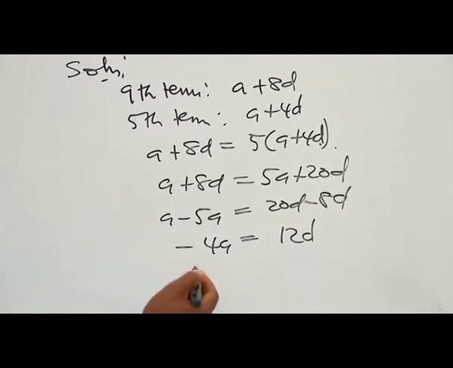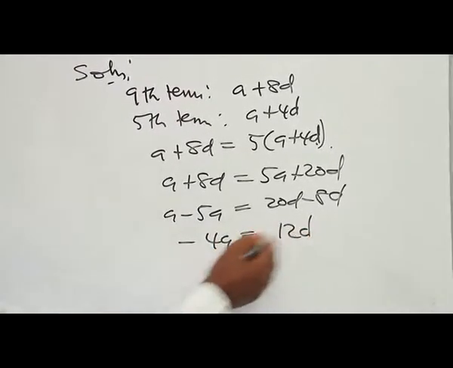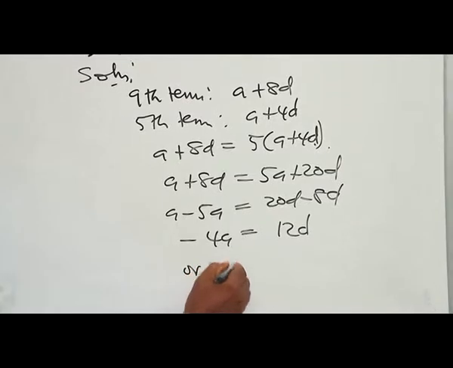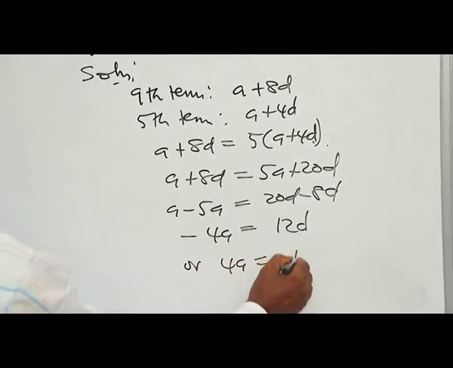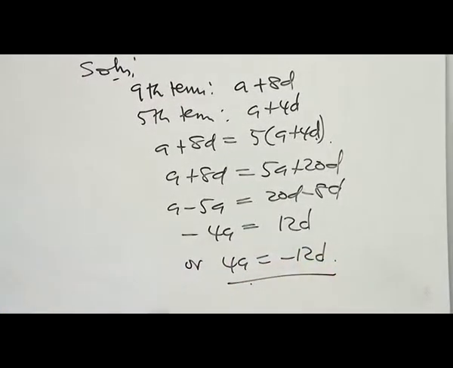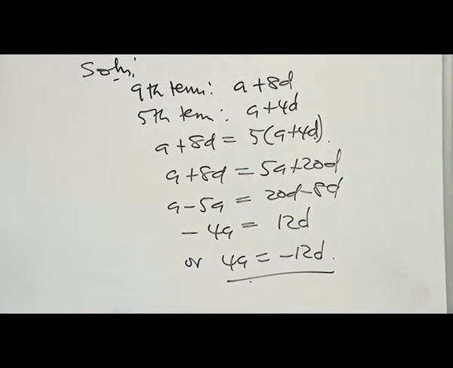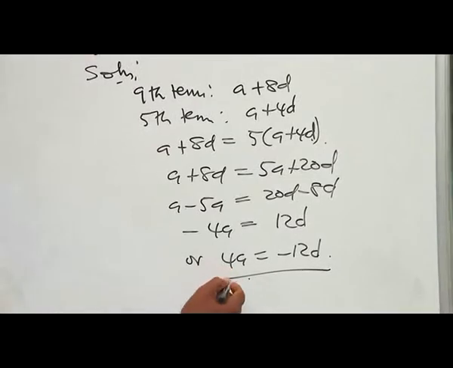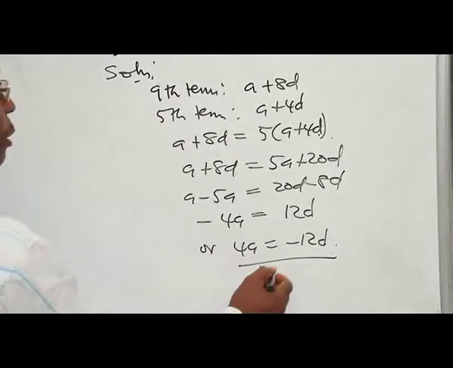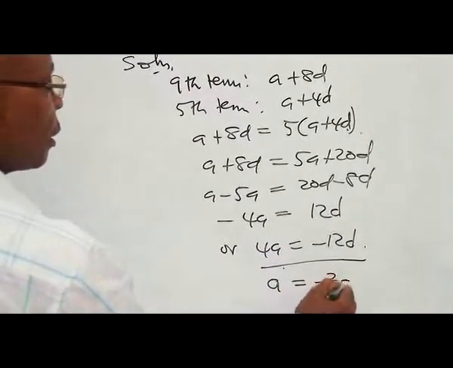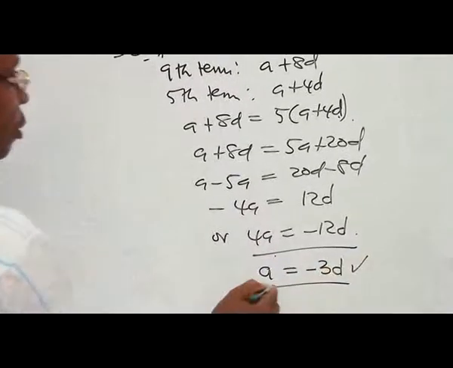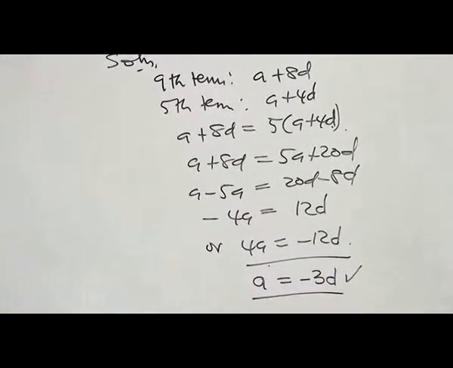So the relationship is either minus 4A equal to 12D or 4A is equal to minus 12D. Whichever one, they both are correct. But we can still go ahead and divide both sides by 4. That becomes A is equal to minus 3D. This is a better result compared to the first one.